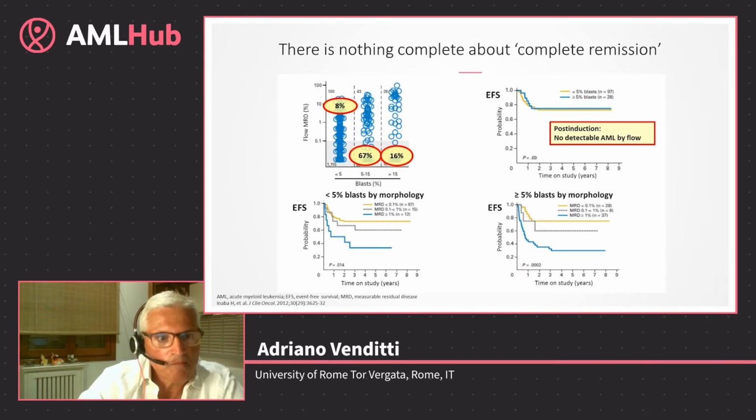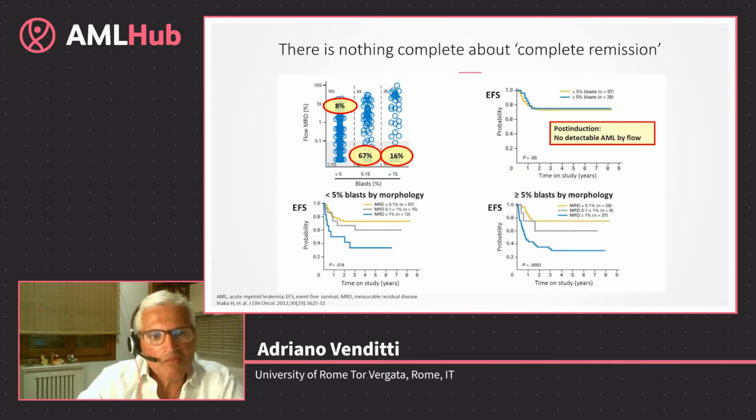You can see that among patients declared in complete remission, less than 5% of bone marrow blast, 8% were MRD positive. At the same time, among those who were not considered in morphologic complete remission, 67% and 16% were MRD negative.